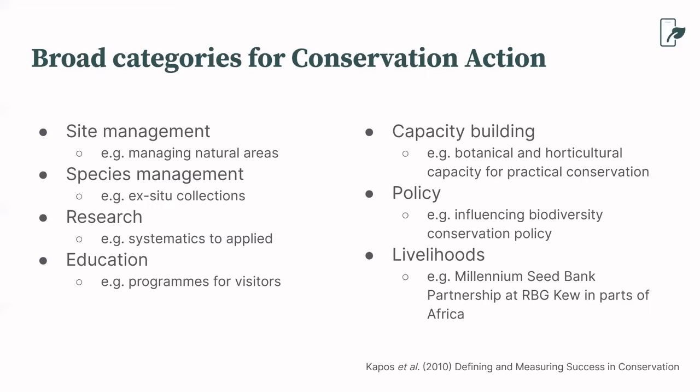Importantly, on the right-hand side, there are three other main areas that gardens have a real value in, but often can be overlooked. And that is capacity building. For example, you might have practical conservation techniques that are often enhanced through capacity building in gardens, so particular practices or horticultural techniques that are only nurtured in gardens.